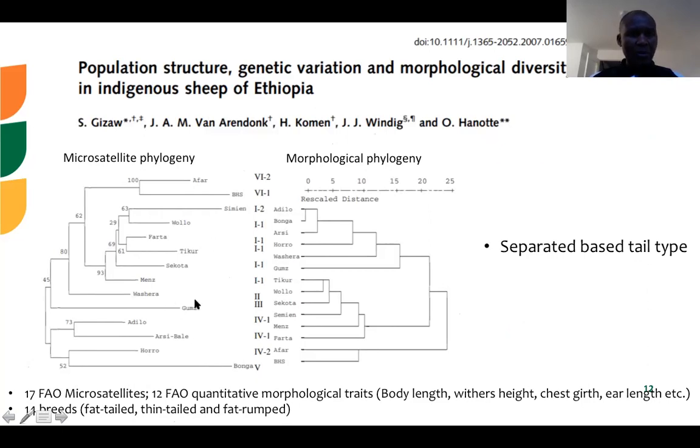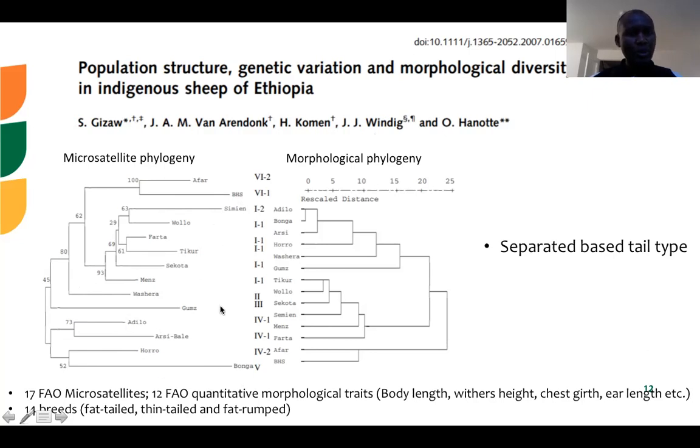This study found out that the Gumz, which is a thin-tailed sheep, was genetically divergent from the fat-tailed sheep as well as the fat-rumped sheep. But interestingly enough, some of the fat-tailed sheep also clustered in a separate cluster.